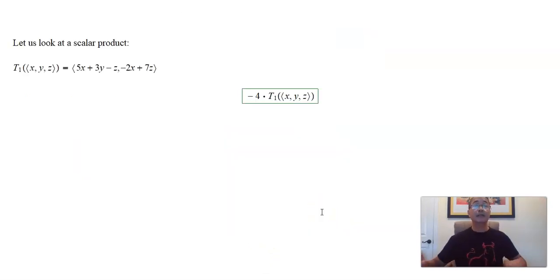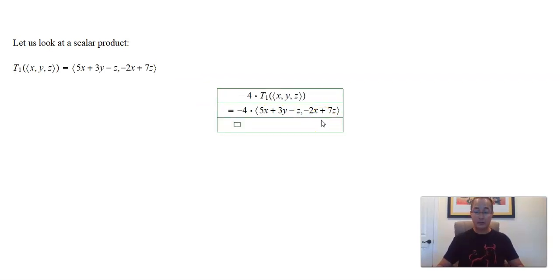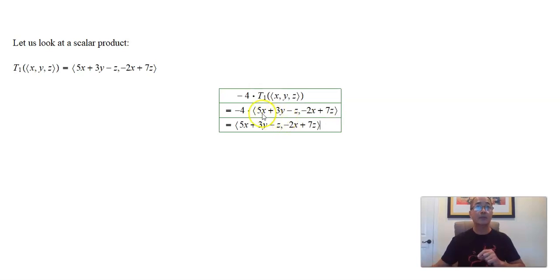All right, so this time let's take a look at a scalar product. We have the formula for T1, we just copied it. Let's compute negative 4 times T1. What does it do to x, y, z? The definition says, just take negative 4 and multiply it to the output for T1. That's just a scalar product, so we know how to do that.